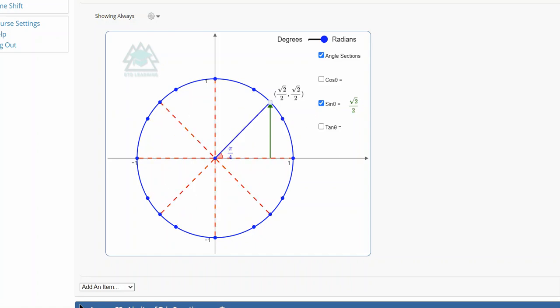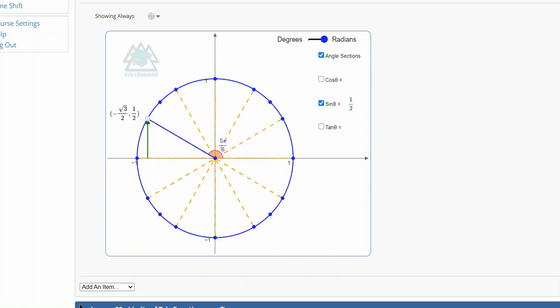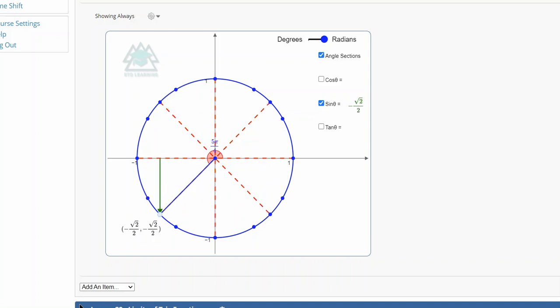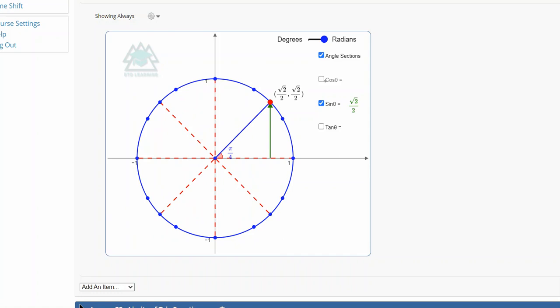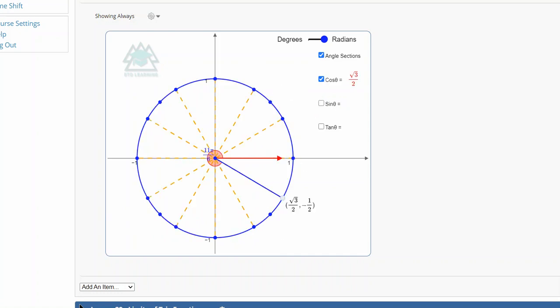So we don't really need the CAST rule, we can see it from the unit circle. And then sine would be negative down here, now we have negative values. Same with cos: it's going to be positive in quadrant 1 and also in quadrant 4, and negative in 2 and 3.